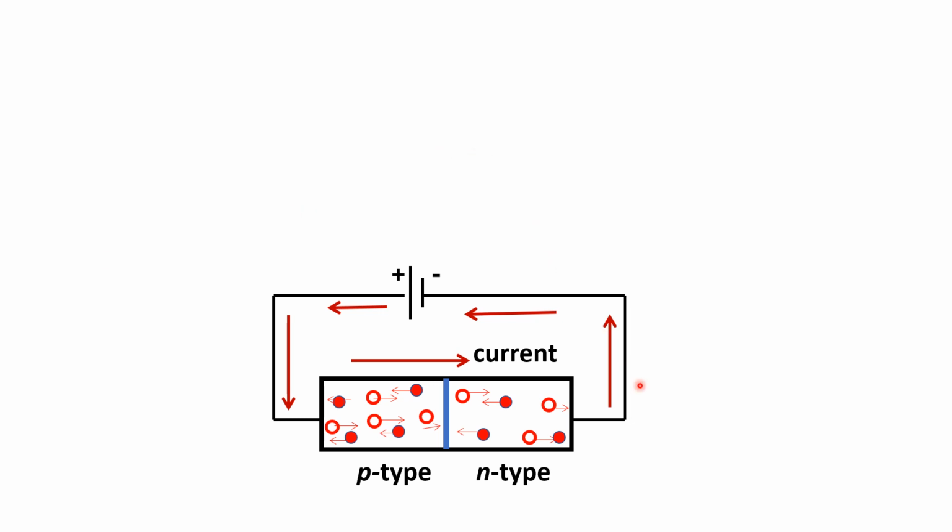All right, so in this second diagram, as shown, you will notice that the p-type semiconductor material is now connected directly to the positive terminal of the battery, while the n-type is connected directly to the negative terminal of the battery.